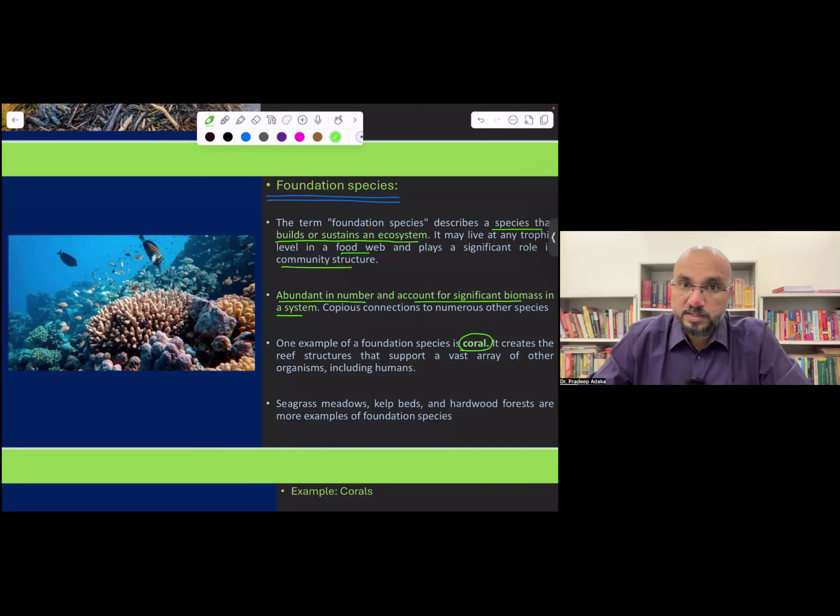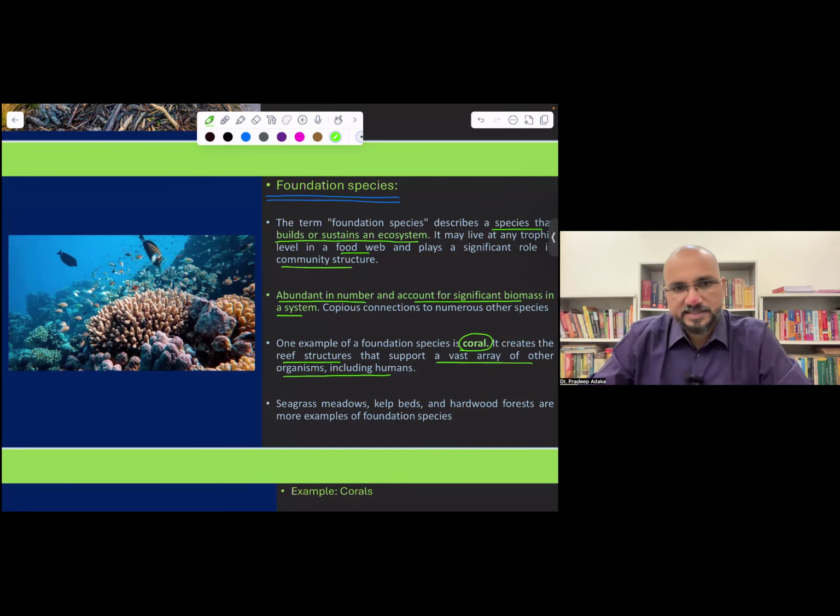Coral reefs are also known as the rainforest of the seas. They are also referred to as rainforest in the ocean. Corals create reef structures that support a vast array of other organisms, including humans.